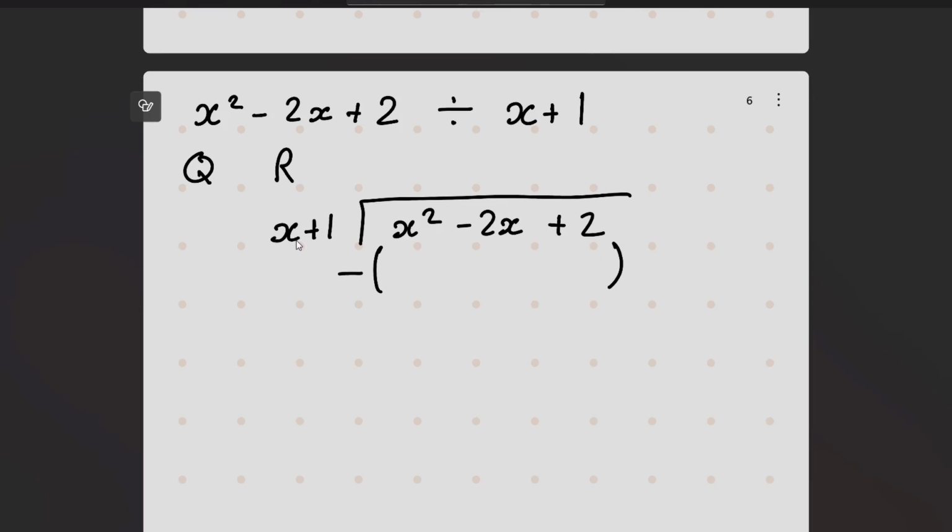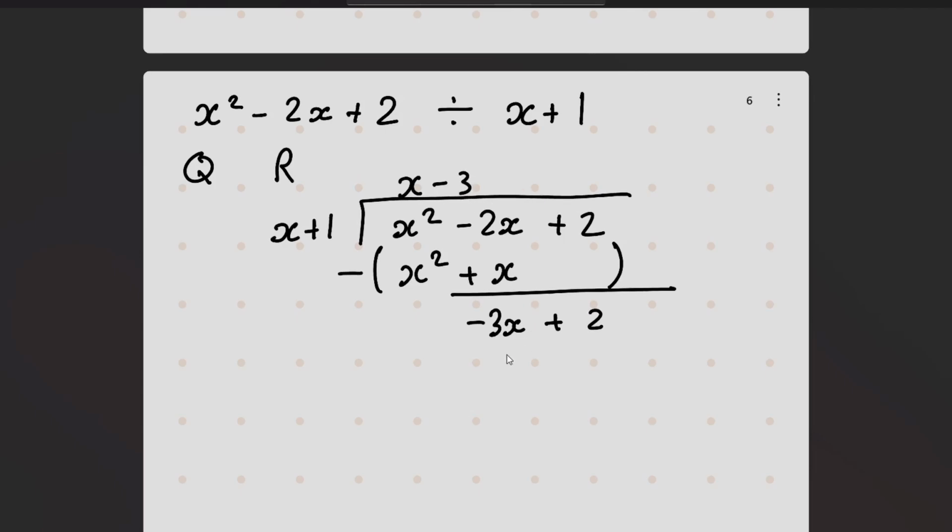And here we will get x. So now we have x squared plus x. These two will cancel out. Here you get negative 3x plus 2. Get that down there, and now you just have to multiply this with negative 3.